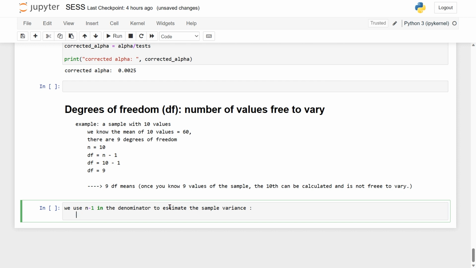So to make the estimate free from the bias, we use n minus 1 in the denominator.